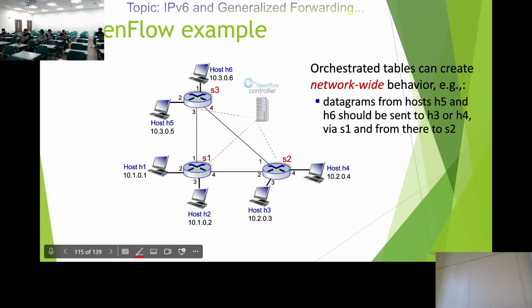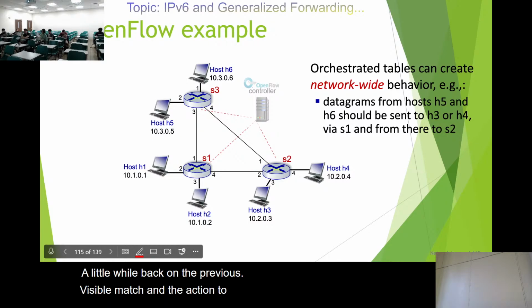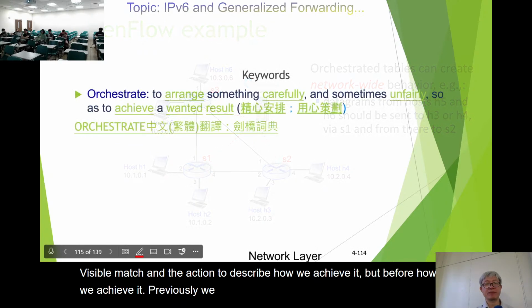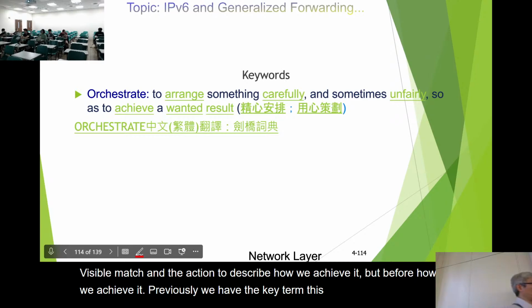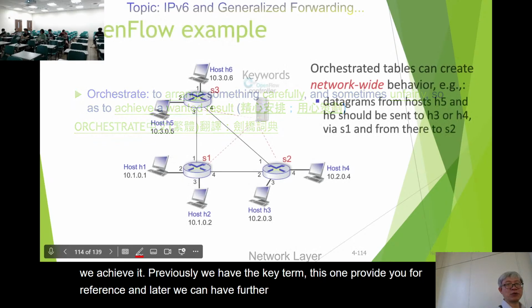And later we will use the previous principle, match and action, to describe how we achieve it. But before how we achieve it, previously we had the key terms, this one, provided for your reference, and later we can have a detailed discussion of this one.